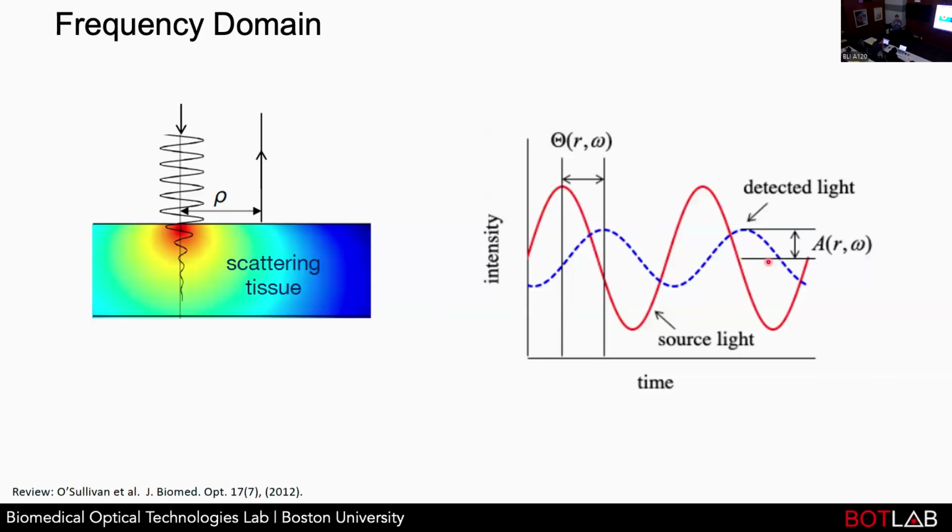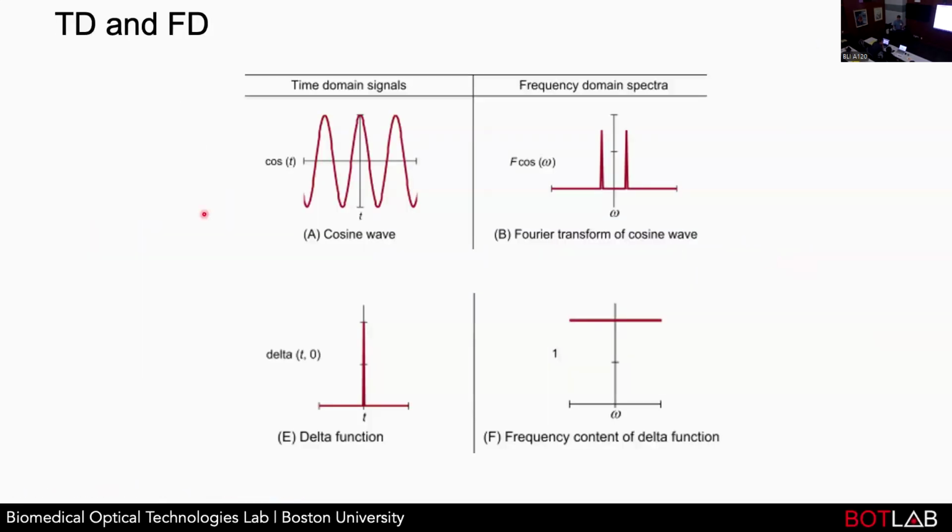But just like our spatially resolved measurements, we're a Fourier transform away from spatial frequency domain measurements, but that Fourier transform occurs over space. If we do a temporal Fourier transform, we can go from time domain to time frequency domain and back. And if you remember from your coursework, if you take the Fourier transform of a cosine or a sinusoid, you get a single peak that indicates that frequency.